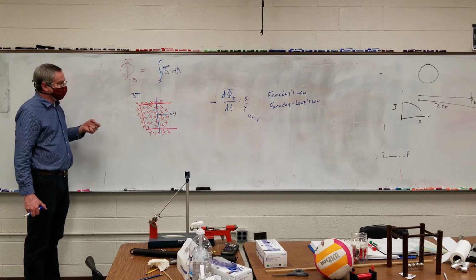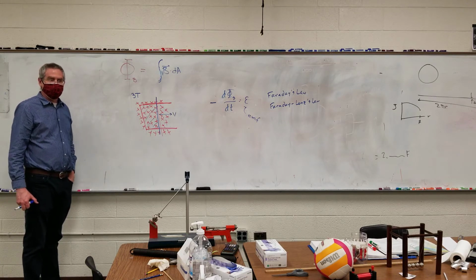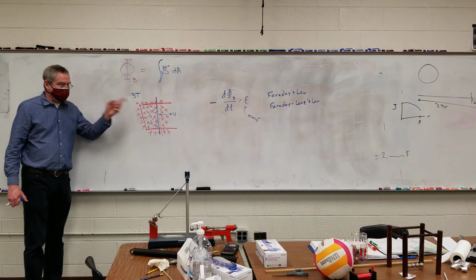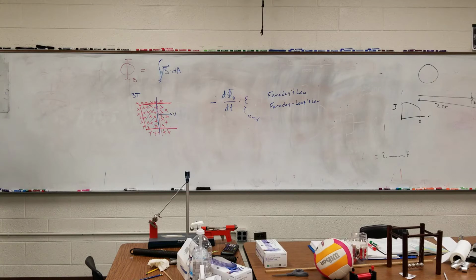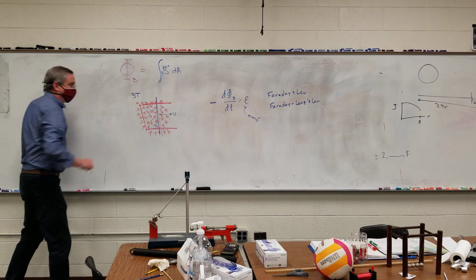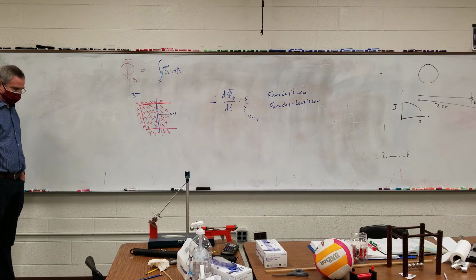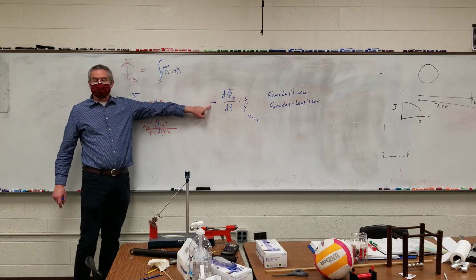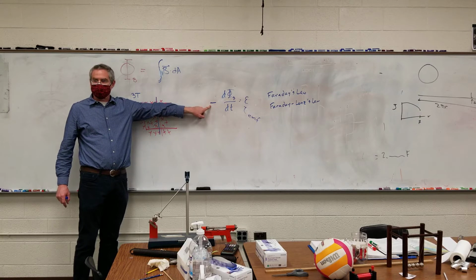So the question is, which way is that current going to flow? My magnetic flux, is it increasing or decreasing as the wire moves out? Increasing. And the induced current is going to try to stop that. It stops whatever the change is.